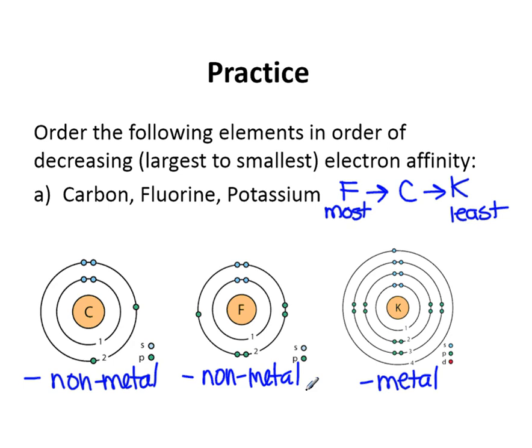So we know metals prefer to be positively charged when they form ions, and we know nonmetals prefer to be negative. So right away, this is one thing you can say. Metals don't want to accept electrons. They would rather give them away. They don't want to keep their electrons. Okay. These ones want electrons.